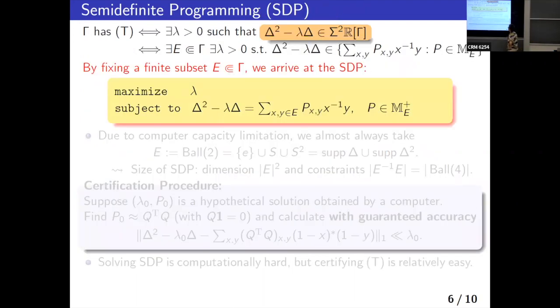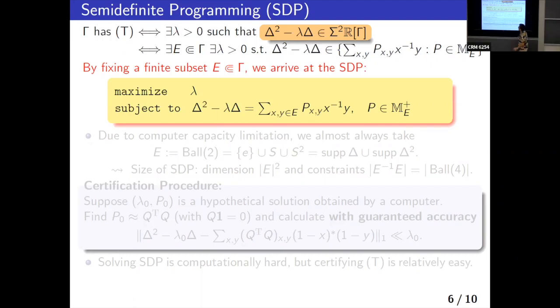So this leads to a computer optimization problem in the computer. So gamma has property T if and only if that inequality holds in the group algebra, which means that delta squared minus lambda delta is of this form written down with a positive semi-definite matrix which is supported on some finite set E. If you fix a finite set E, this is a problem which you can solve on the computer.